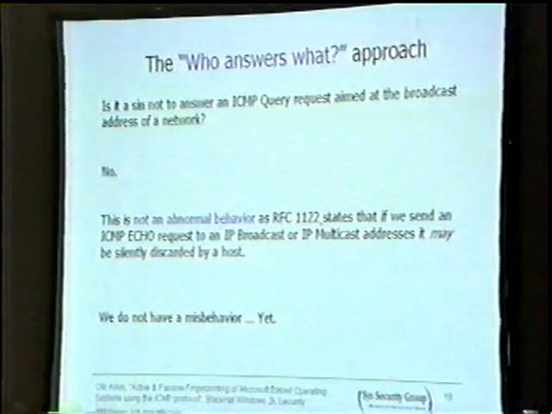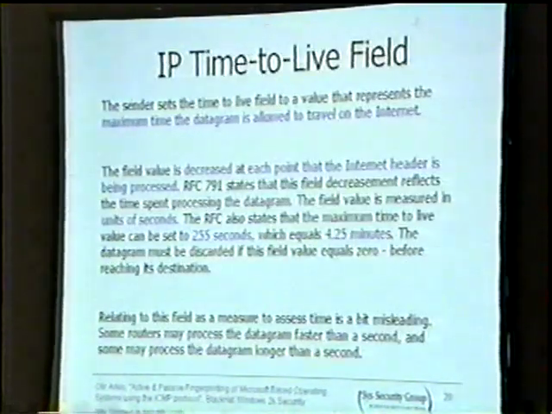Sure, the RFC states that it is not abnormal behavior to answer those queries. It also states that it may be silently discarded by a host, so this is not abnormal behavior, and Microsoft behaves correctly. Well, with this one at least.